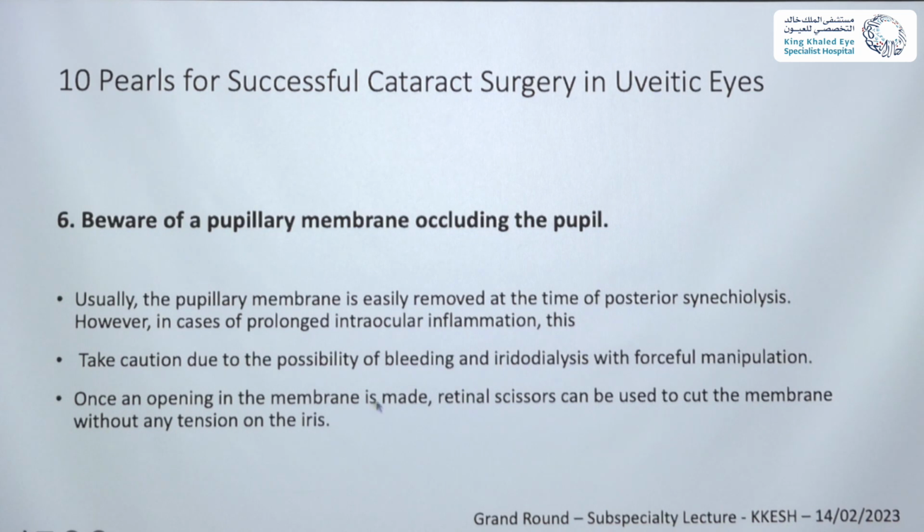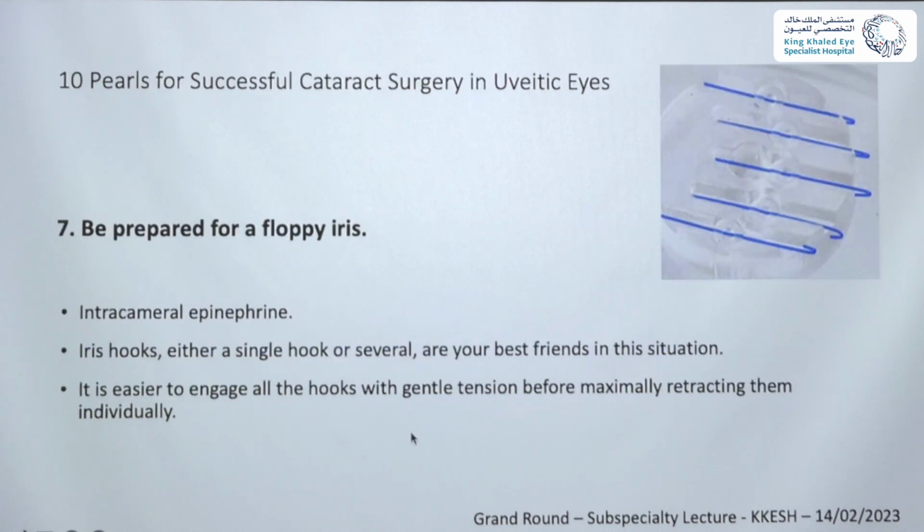Once an opening in the membrane is made, your retinal scissors can be used to remove the membrane. So utilize your tools to the maximum. Utilize your iris retractors, and inject also epinephrine, whatever you can to dilate the pupil as well.